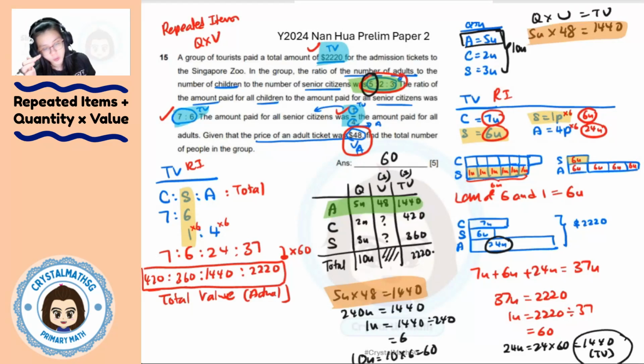The second part will be your quantity times value. This is a simple one. They only focus on just one item called the adult. It can be a grouping kind of quantity times value. It can be a stacking kind of quantity times value. It can also be guess and check, which is under the big family of quantity times value. So there are many different ways to test in prelim, depending on what they want to combine in one question. Okay, so that's all.